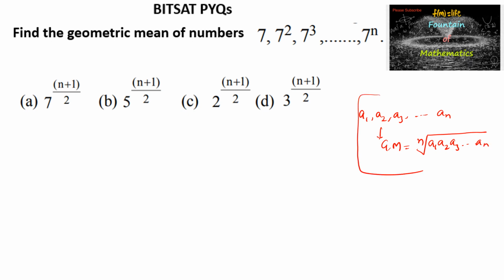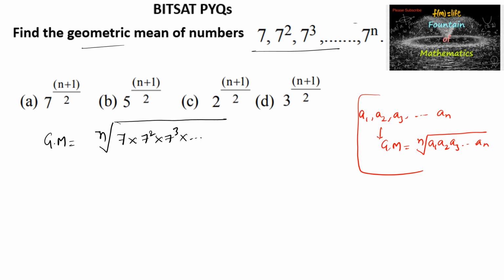So here we can write the geometric mean of these numbers as the nth root of 7 into 7 square into 7 power 3 and so on up to 7 to the power n, which is equal to the nth root of 7 to the power (1 plus 2 plus 3 plus and so on up to n).